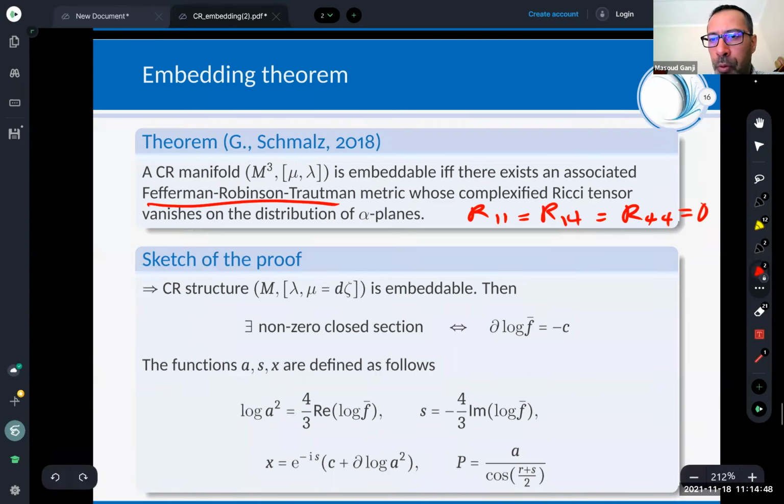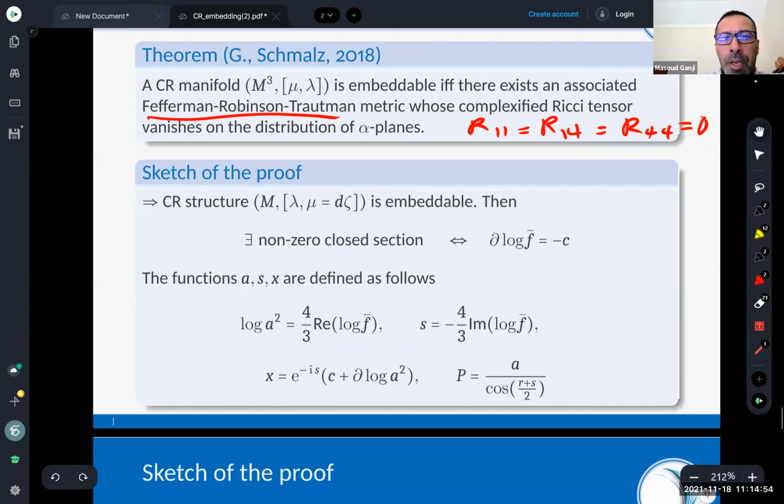And the idea of the proof is the following. If the CR structure is embeddable, there exists a closed section of the canonical bundle. It's not that difficult to prove. First of all, if the CR structure is embeddable, there are 2 CR functions. You can pick one, zeta, and introduce mu to be d of one of the CR functions, which is closed.